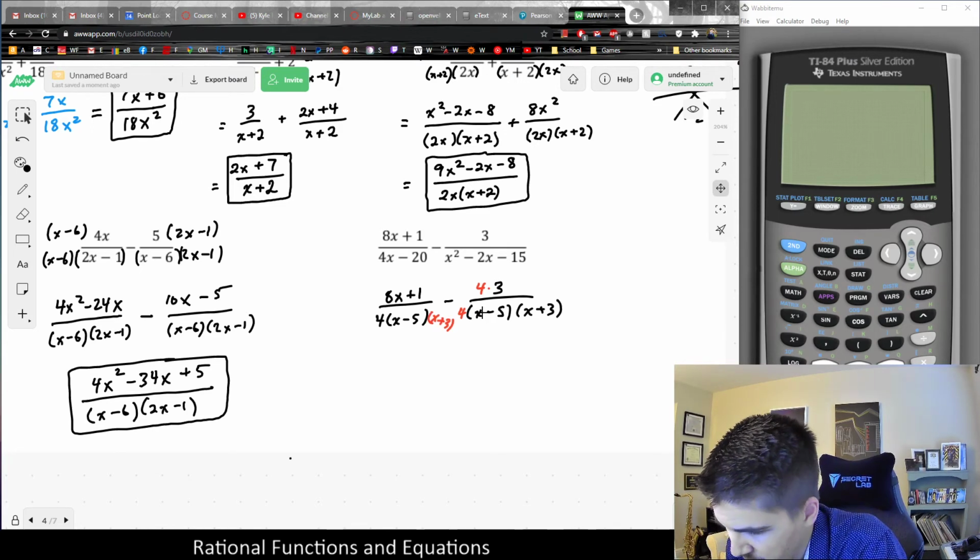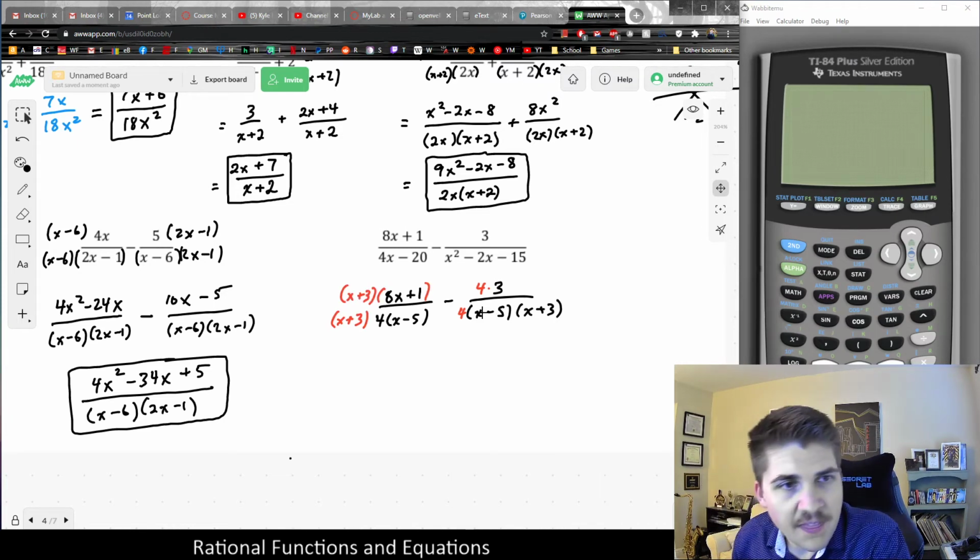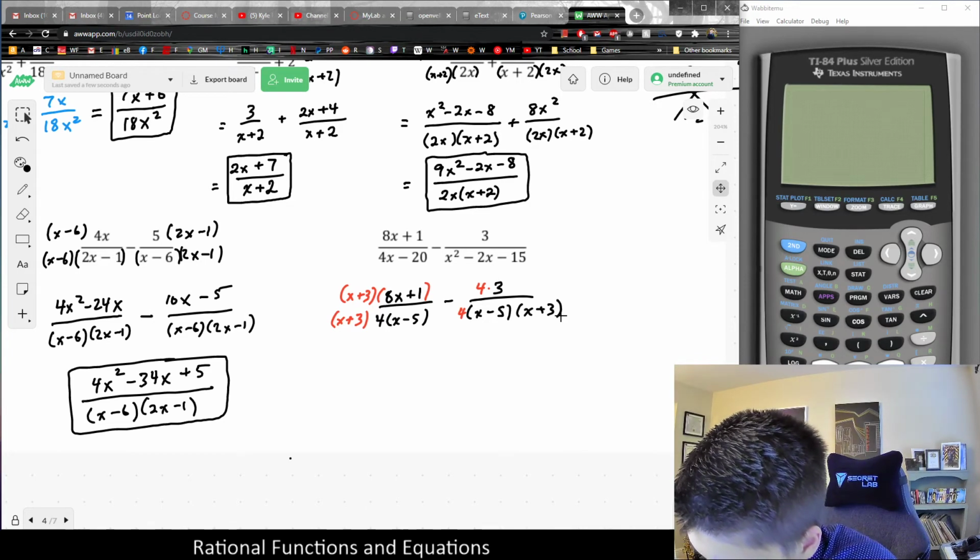And I don't have a lot of space here, so actually I'm going to just write on the left-hand side just so it's easier to see. But basically now I have a common denominator, 4 times x plus 3 times x minus 5, all multiplied together. And once I have that common denominator, I can now subtract across the top.